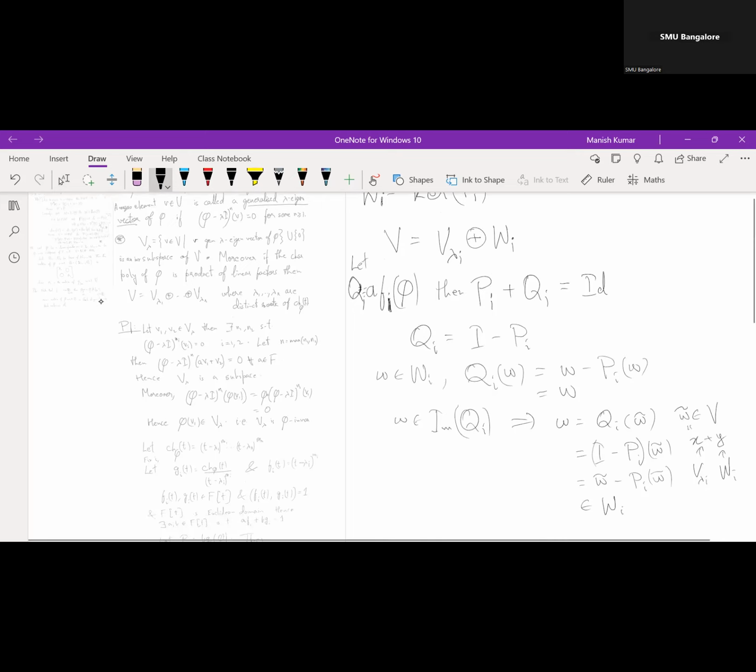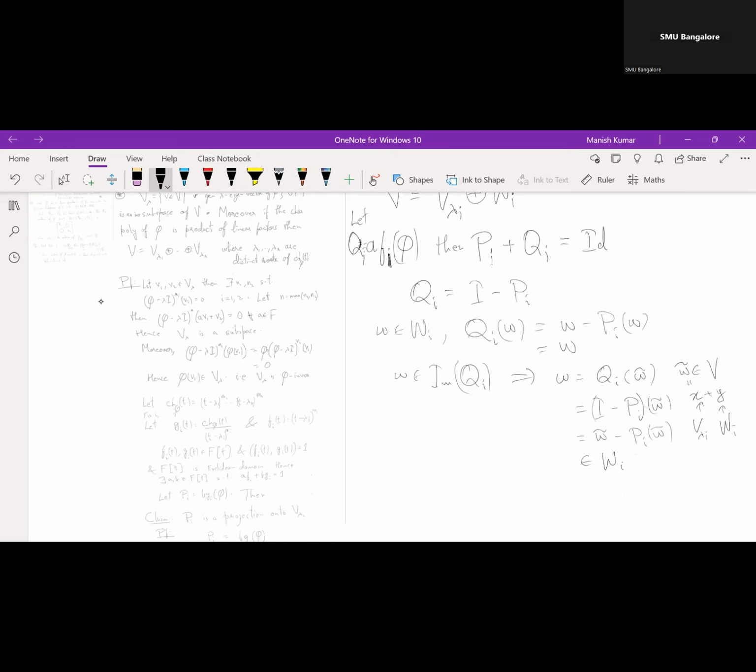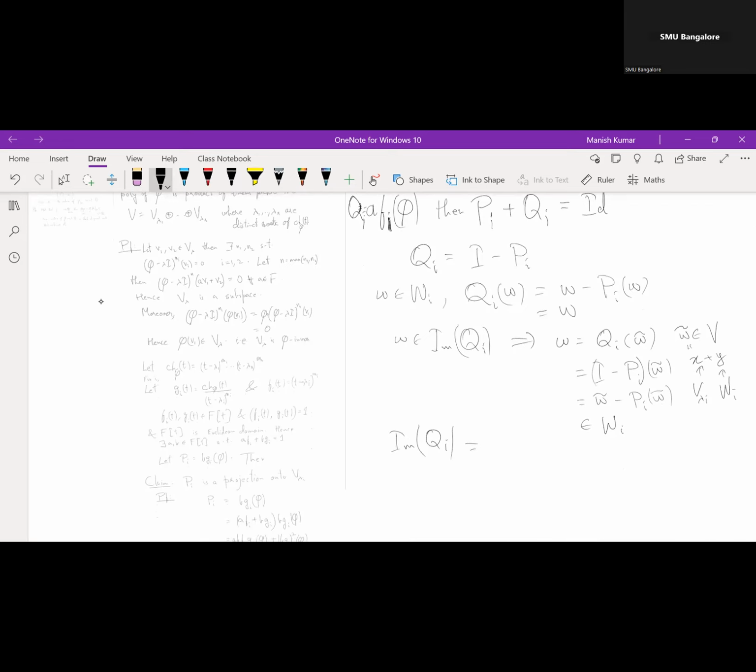And pi of w tilde will be precisely x, so w tilde minus x will be just y, which is in W_i. So we see that the image is precisely W_i. If you know how these projection things work, these are obvious. But since you haven't seen that much ring theory, I'm doing it in a more concrete way.